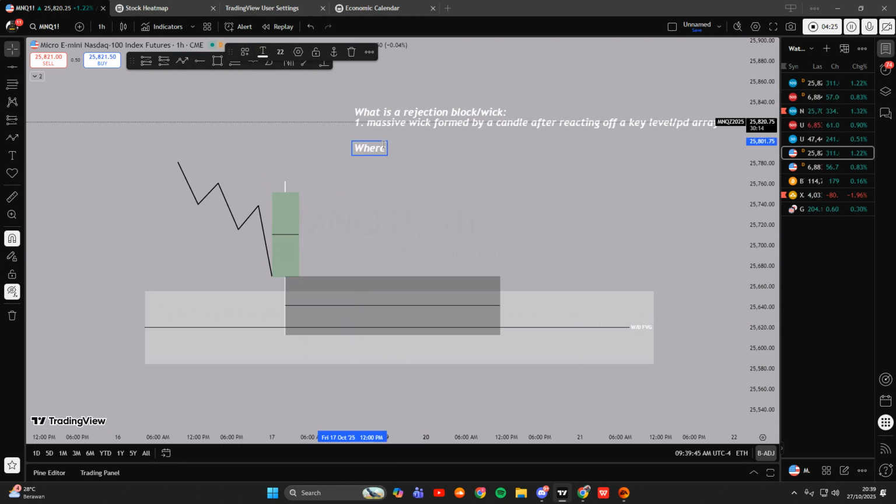How can you use a rejection block? Entries on the top of the rejection block, CE or the OTE.